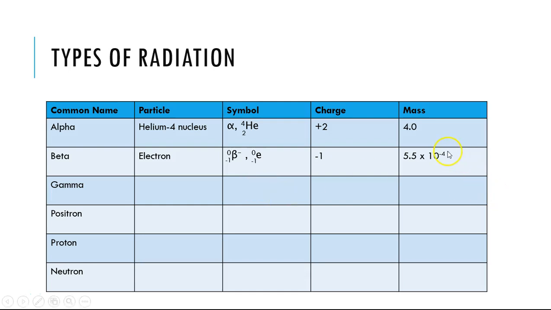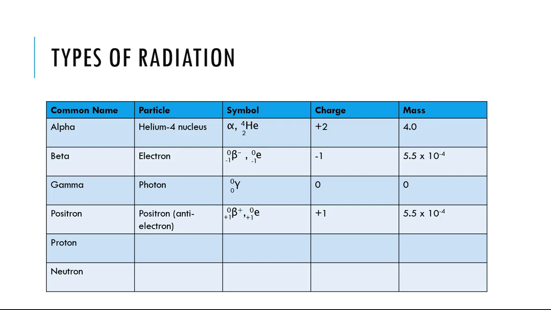Now, of course, an electron has mass, but in terms of atomic mass units compared to the mass of a proton or a neutron, it's nearly negligible. And so when you're abbreviating it in a chemical equation, you can say 0 for the mass, and it has a charge of -1. Gamma particles or gamma rays are just photons with no mass and no charge.